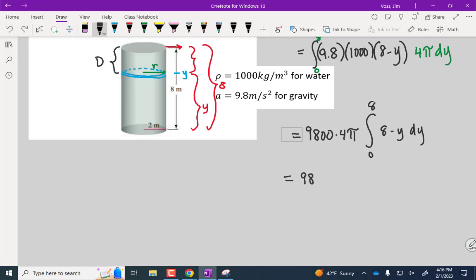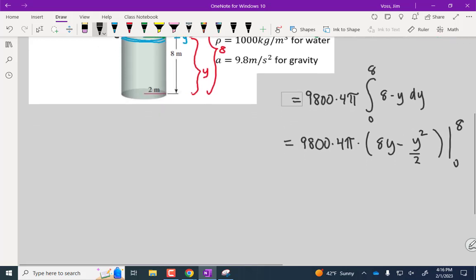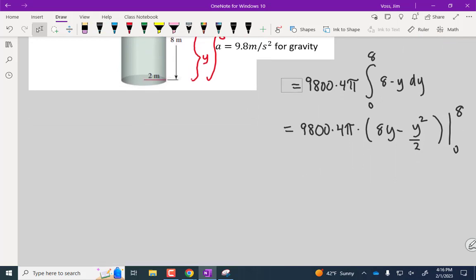Maybe we'll get some cancellation after we integrate. So we integrate term by term. That's 8y minus y squared over 2 from 0 to 8.